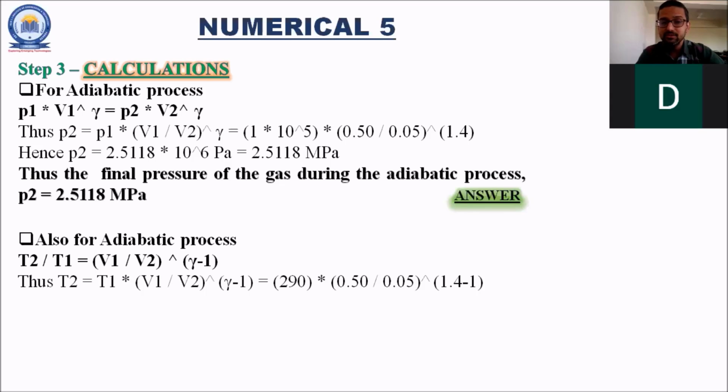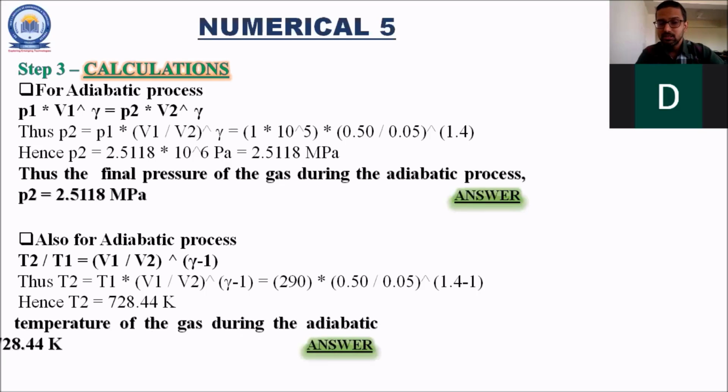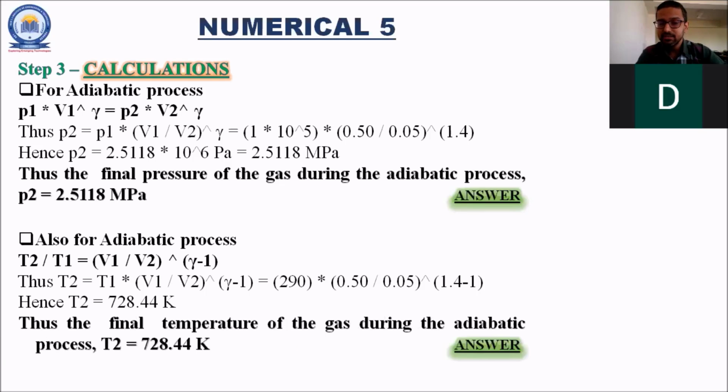Substituting the value in the equation, we are getting the answer of T2. Thus, the final temperature of the gas during the adiabatic process, that is T2, is equal to 728.44 Kelvin. So only two parameters we need to calculate in this numerical. So we have calculated the final pressure and the final temperature.